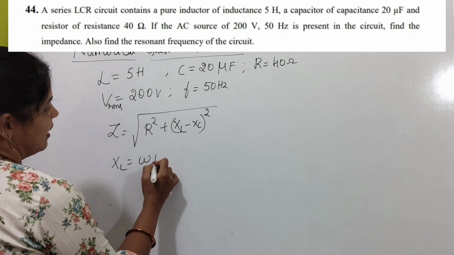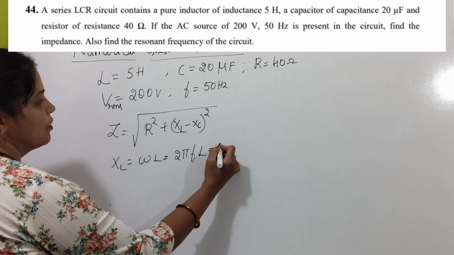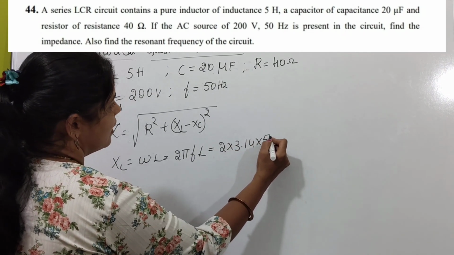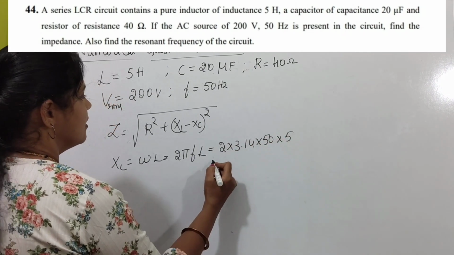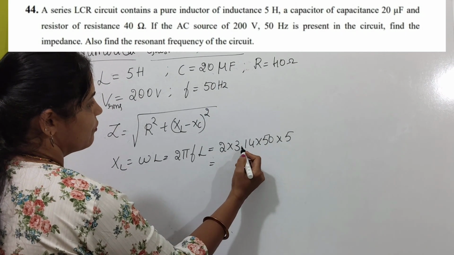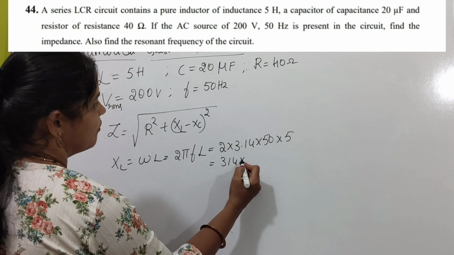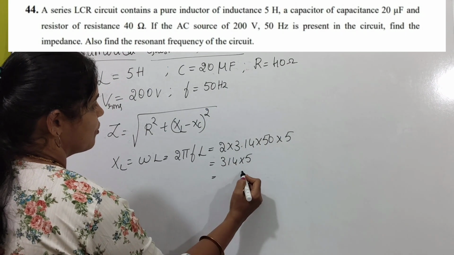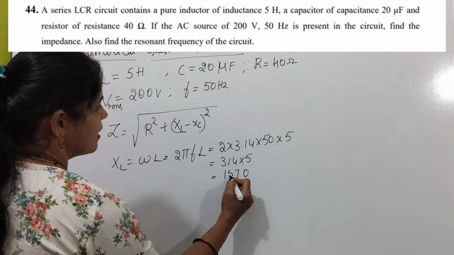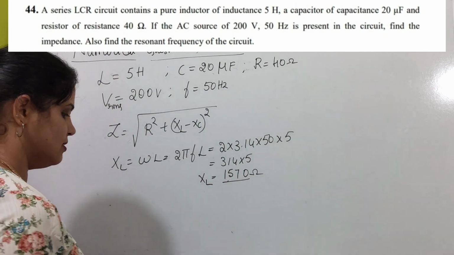XL is omega L, that is 2 pi f L. So 2 pi is 3.14, f is 50, L is 5. 2 into 50 is 100, 3.14 into 100 is 314, into 5 gives 1570. So XL is 1570 ohm.